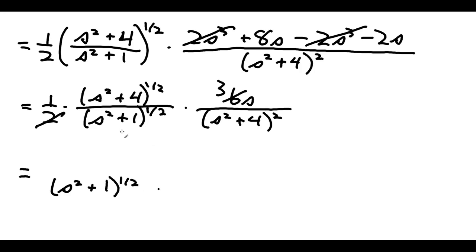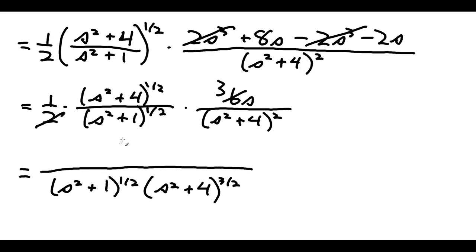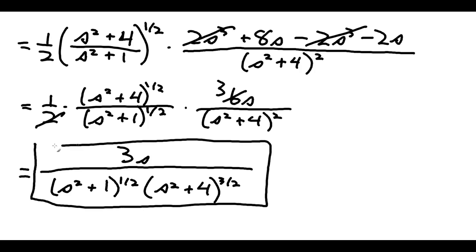We have s squared plus 4 to the 1/2 in the numerator, s squared plus 4 squared in the denominator. That partially cancels, leaving us s squared plus 4 to the 3/2 in the denominator. So that took care of that, and I think all we're left with then is the 3s in the numerator, and that looks like about as far as that thing goes.